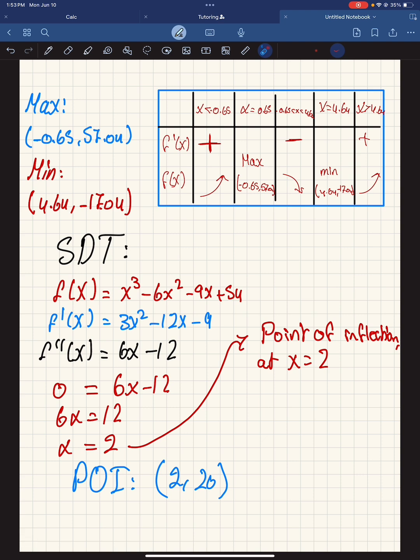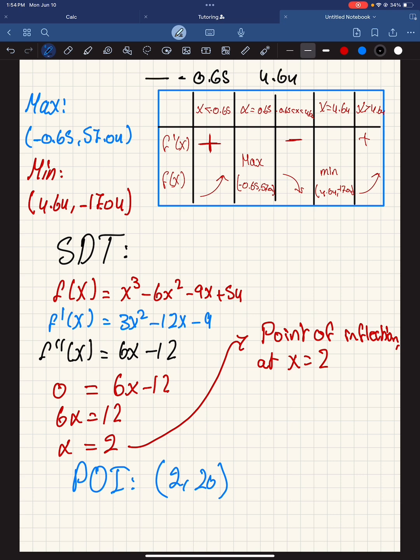Now I made a table just so I can have a better idea of what to envision, and I separated it into intervals. You have negative 0.65 and you have 4.64.